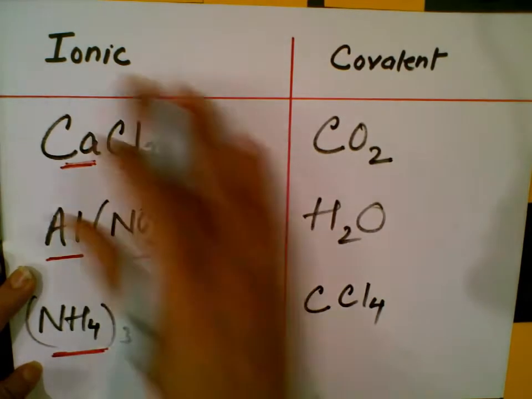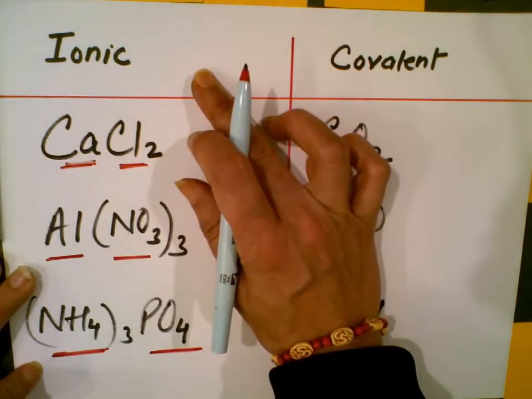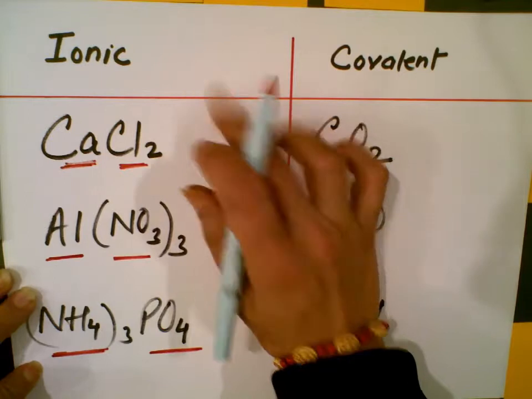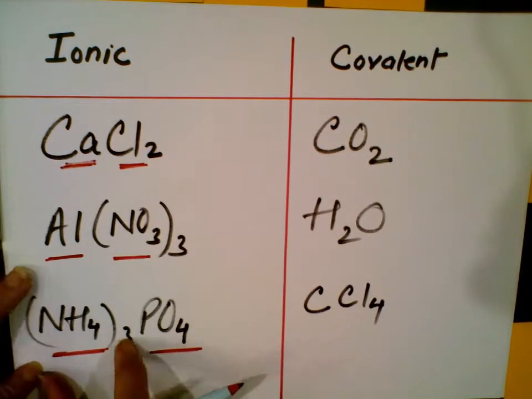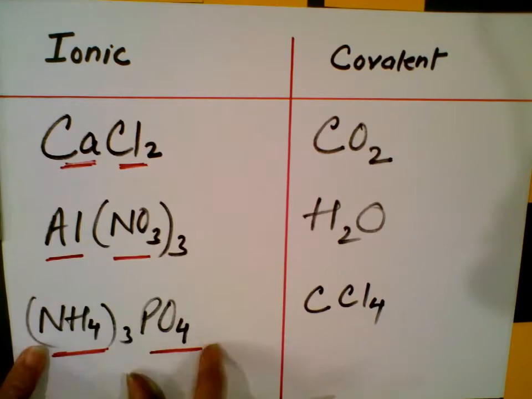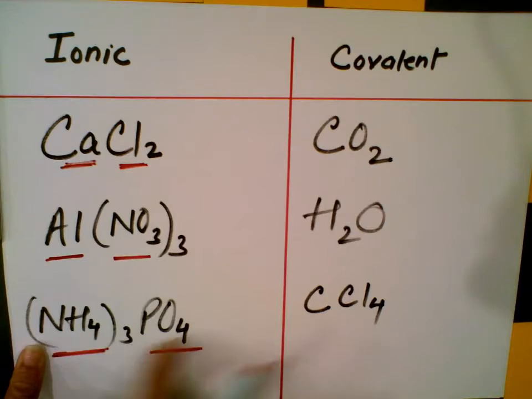So generally you're going to see that ionic compounds always have a metal, like the first element is a metal, calcium, aluminum, but in this case you don't see any metal. However, this is still considered ionic because the first part is from a cation, which is ammonium, and the second part is from an anion, which is phosphate, ammonium phosphate.